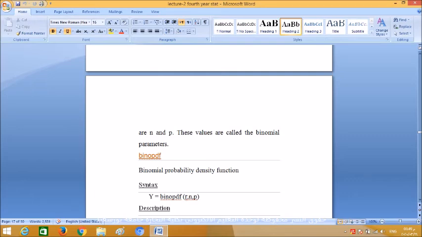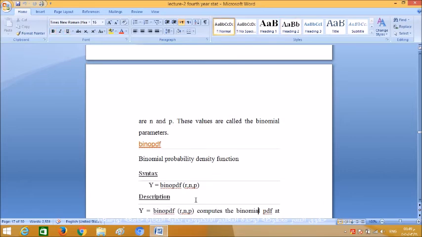R is the number of successes, N is the total trials, P is the probability of success.